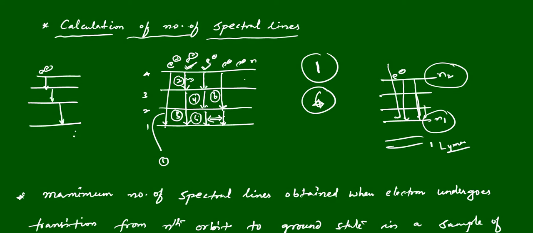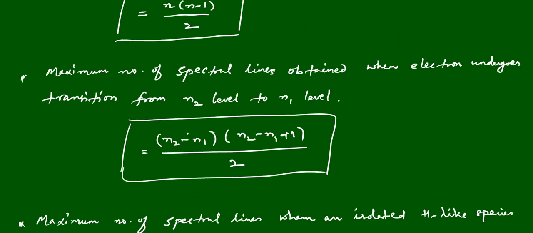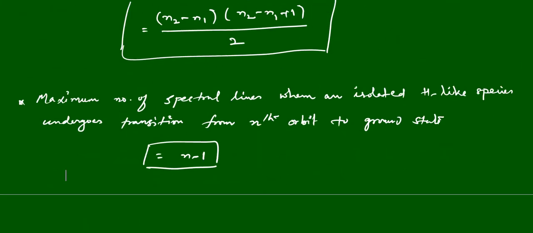So maximum you may get 3 spectral lines only. More than this is not possible, because there is only one electron. So the total number of spectral lines in case of an isolated species is n minus 1. In the previous case, if n equals 4, 4 minus 1, you get 3 spectral lines.